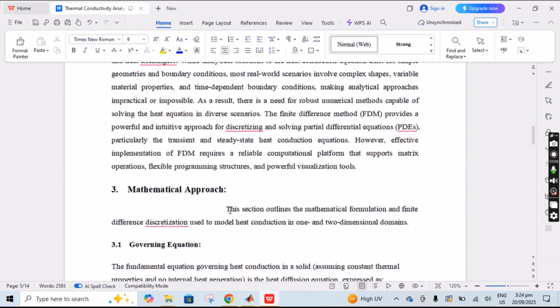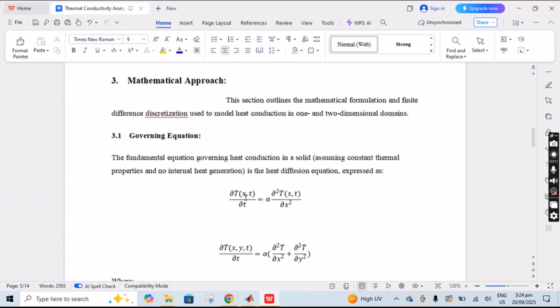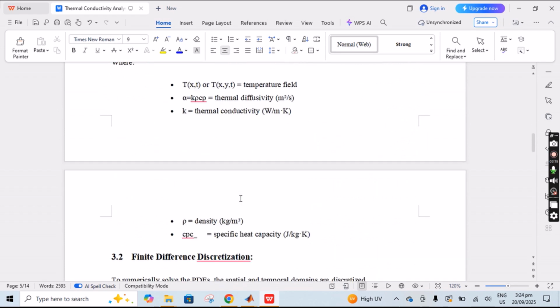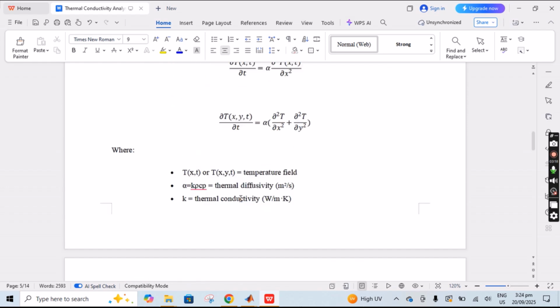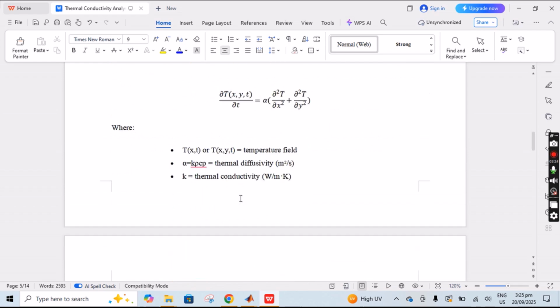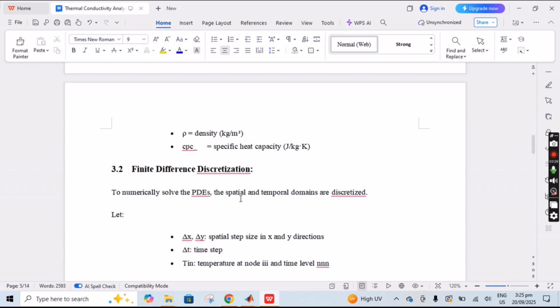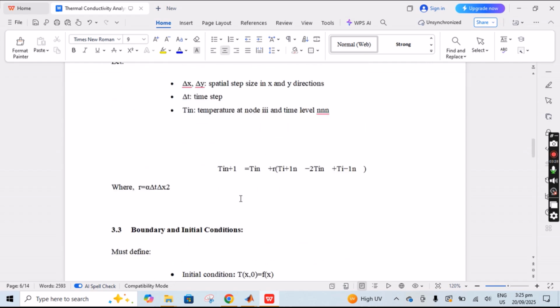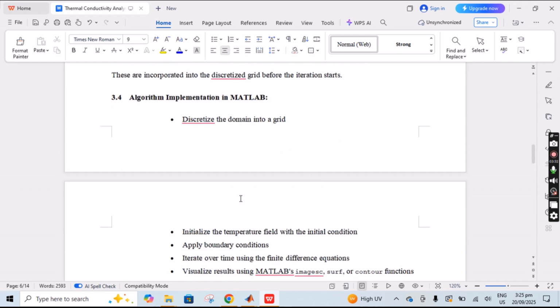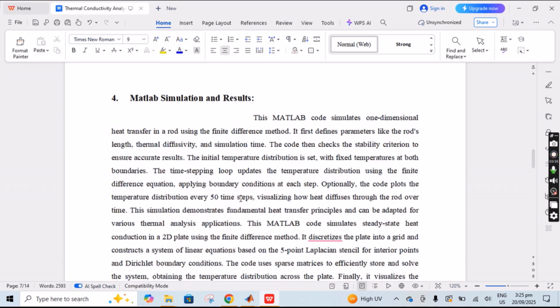So the problem statement is here, the mathematical approach which we are using. These are the equations used for the complete governing heat conduction in the solid state. And this one is the finite difference discretization equations, boundary and initial conditions, algorithm implementation, and the MATLAB simulation.